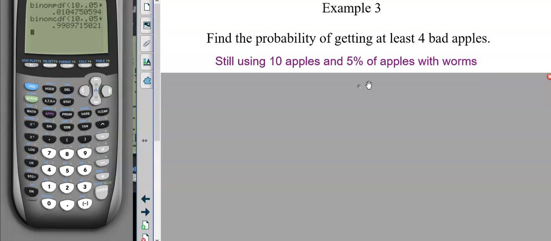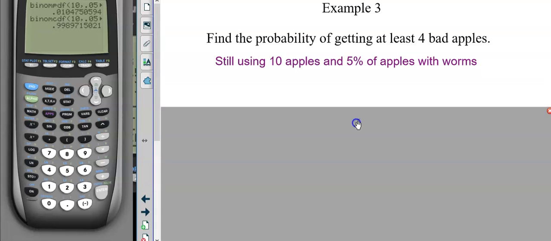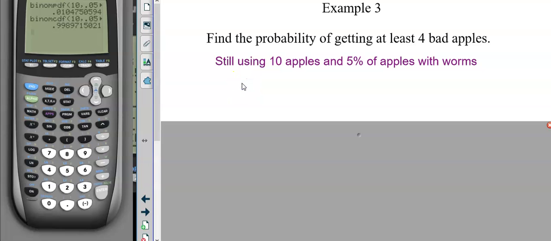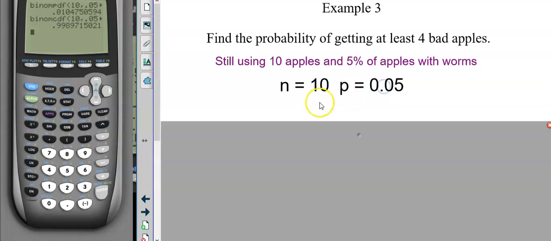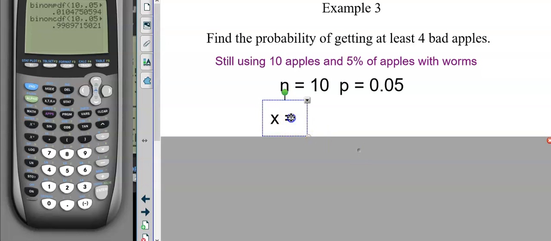So we're still talking about n equals 10, p still equals 0.05, and our x is now "at least": x equals at least 4.